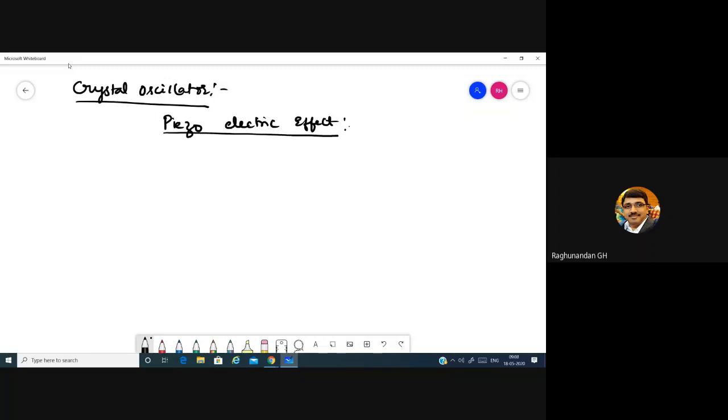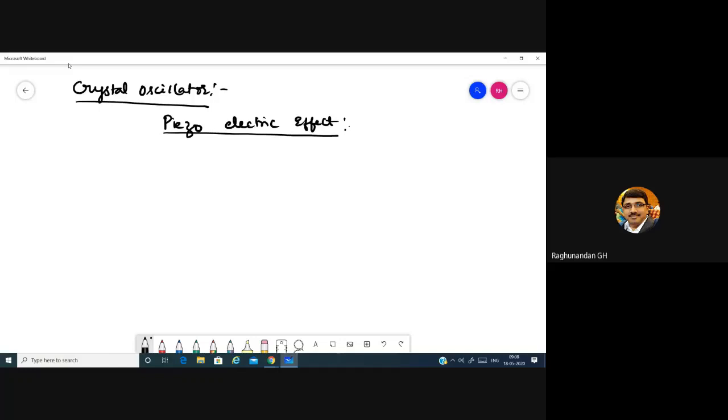The piezoelectric effect tells that whenever a mechanical stress is applied over a crystal, it starts giving electrical signals. Or whenever an electrical signal is given to the crystal, it starts vibrating. Because of that vibration, it creates oscillation. You can see it is vice versa.